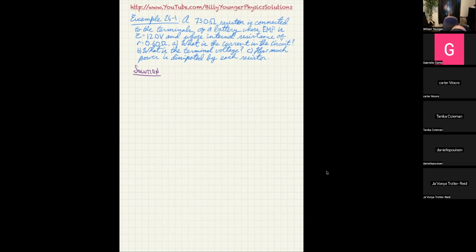And what your book is telling us is that there's an equation that's really straightforward for finding the terminal voltage of a battery, specifically V terminal is equal to the electromotive force minus I times R, where R is the internal resistance.